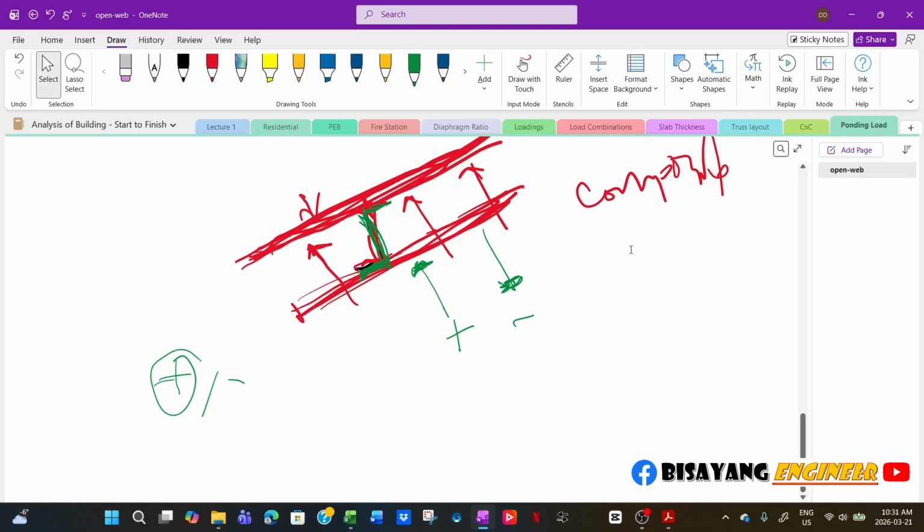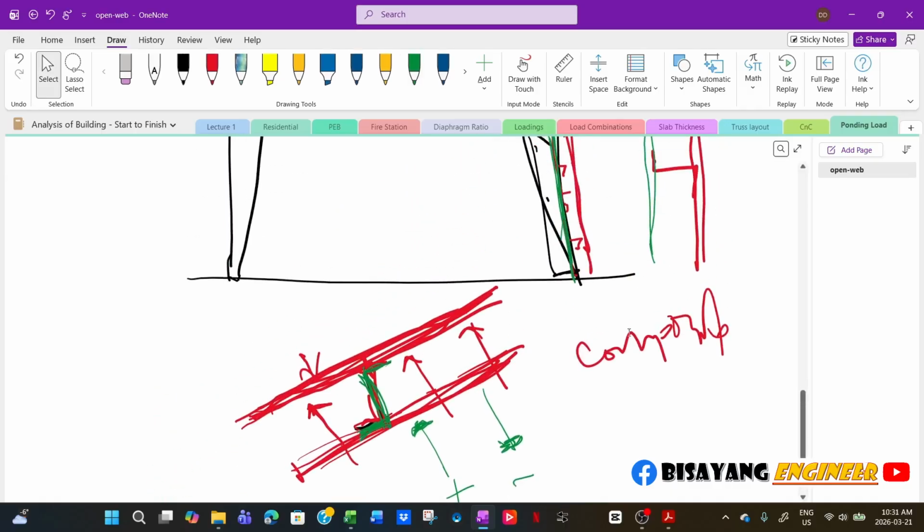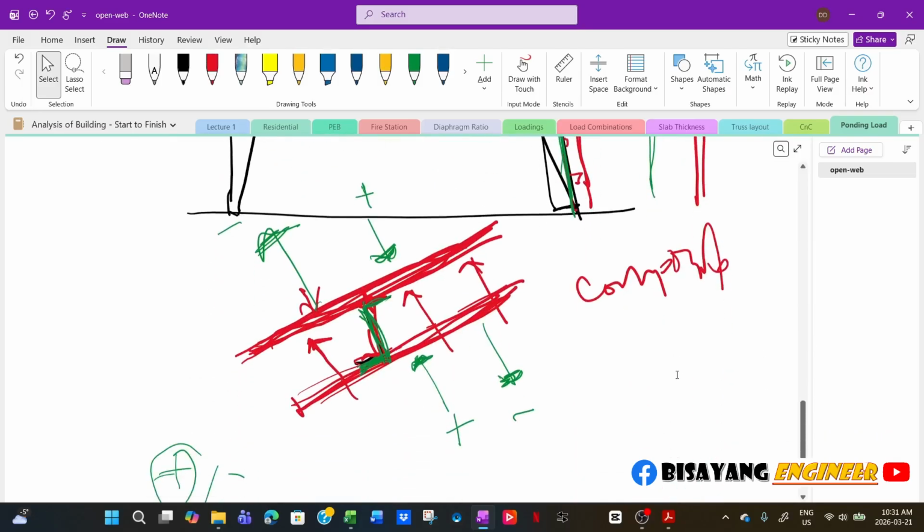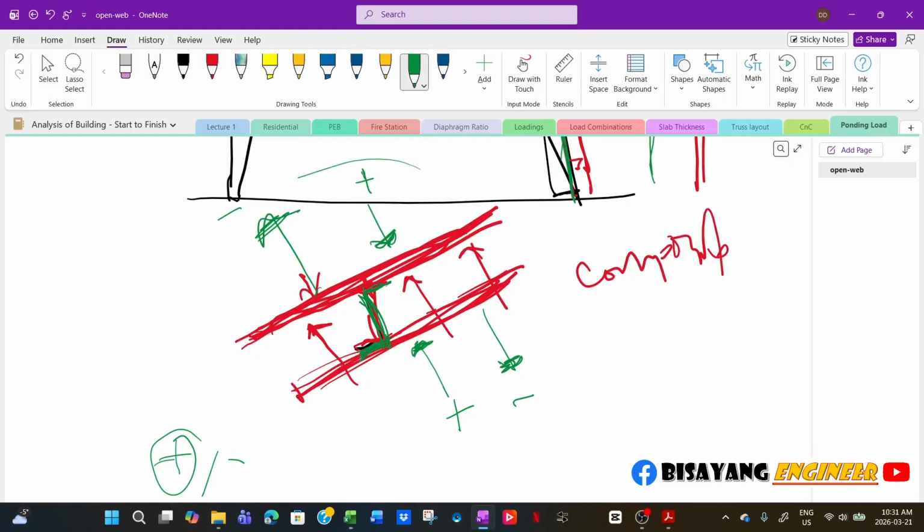So this is negative. Now for roof cladding, for the exterior one, if that is negative, that means it is away, and positive is going towards the surface.